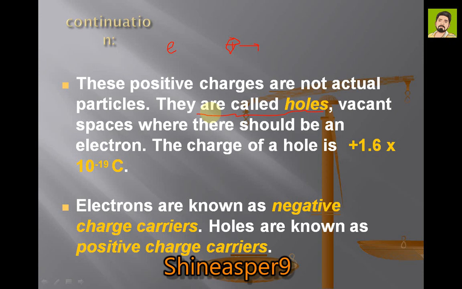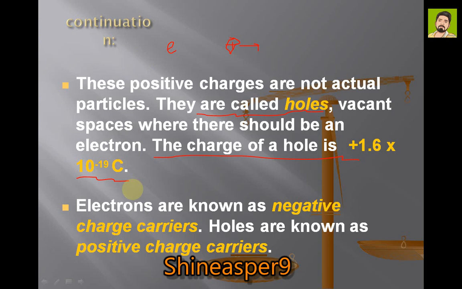The charge of a hole is 1.6 into 10 to the power minus 19 coulomb. This question may be asked in your WBP wireless operator examination: what is the charge of holes, what is the charge of electrons? You have to note it down in this topic.